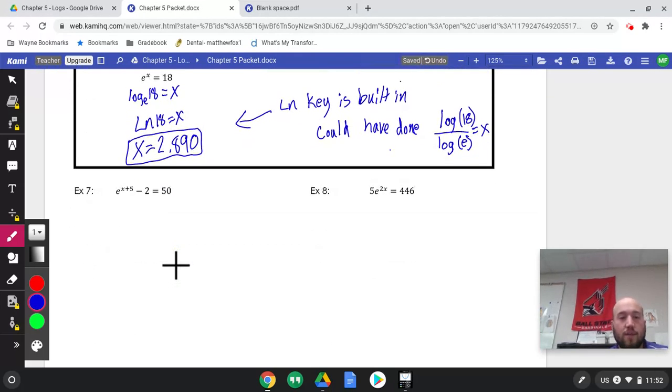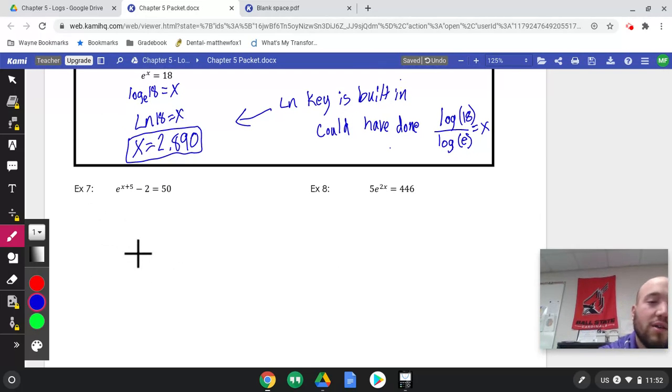So if we look here, example 7, first we need to do our algebra. So let's do plus 2. And then we have e to the x plus 5, which will equal 52. Now remember, we can just do the ln of 52 equals that x plus 5.